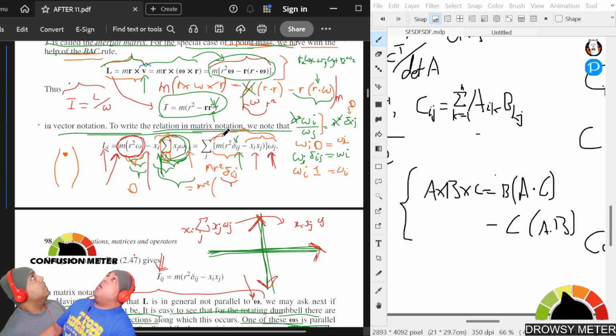Is this summation just for this bracket or is it for the entire thing? Does that matter? I think it's for the entire thing.